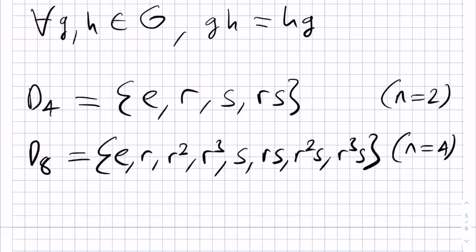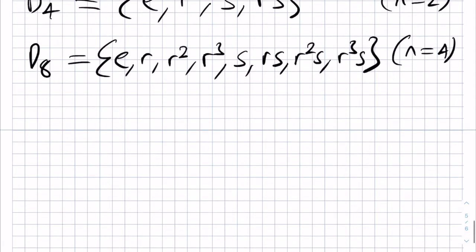We can start by showing that D4 is indeed abelian. We need to take all combinations of the elements and show that they work both ways around to give the same result. Trivially, this works for the same element.